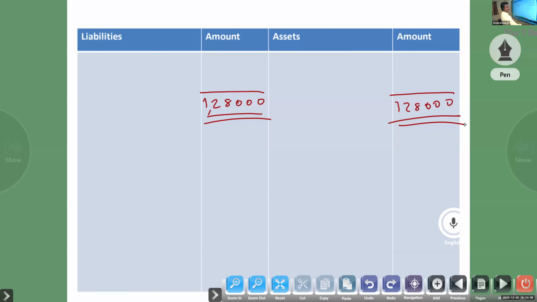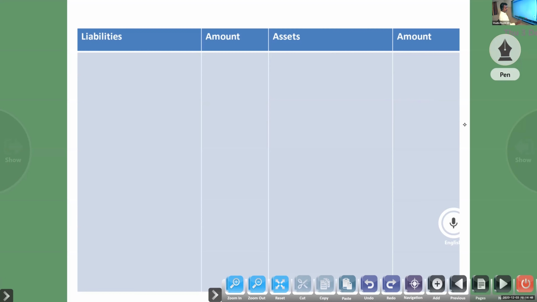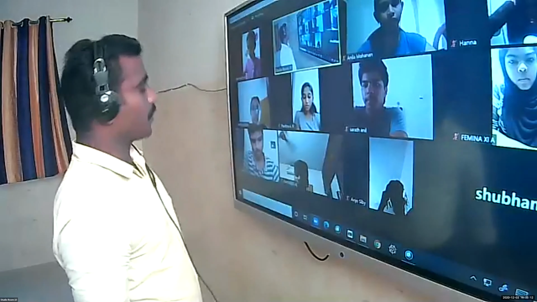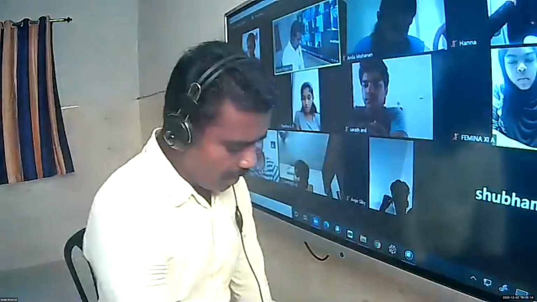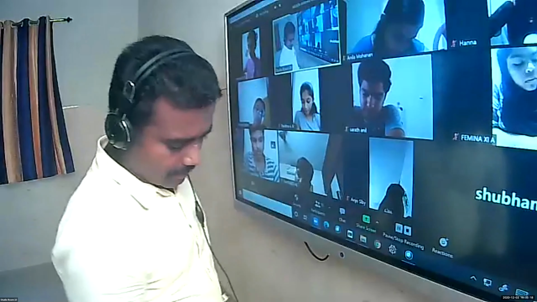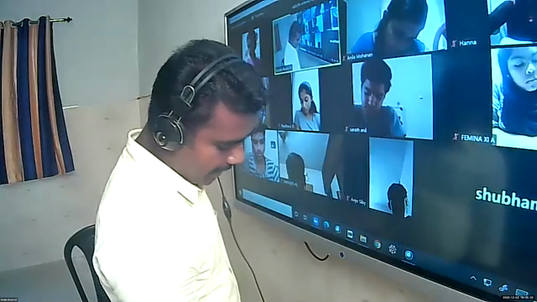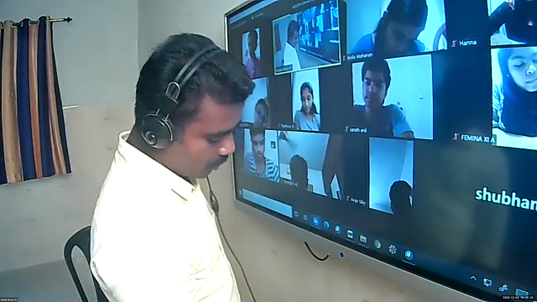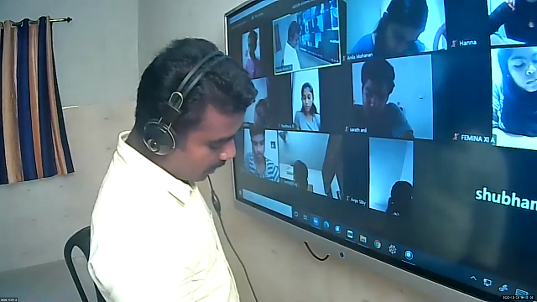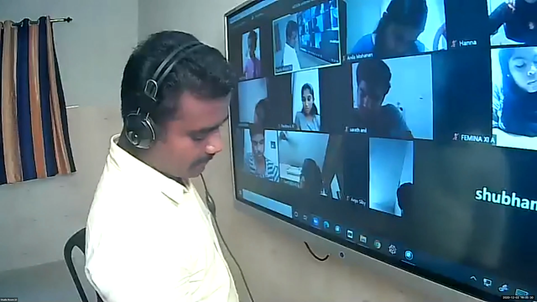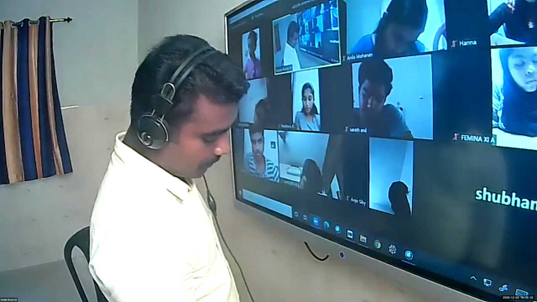So you look at the 11th one. Look at the 12th question. Opening stock, purchase, you look at any other item, opening, purchase return, return inward, carriage inward. Any other scooter expenses, profit and loss account.